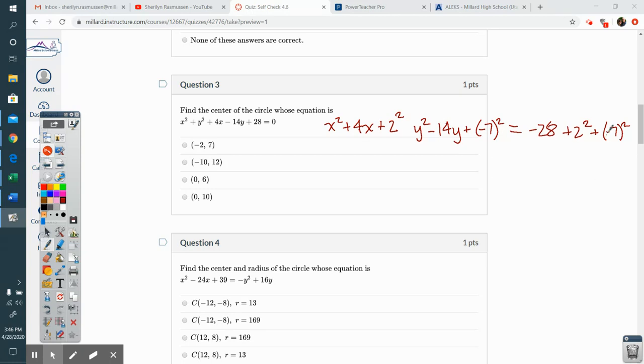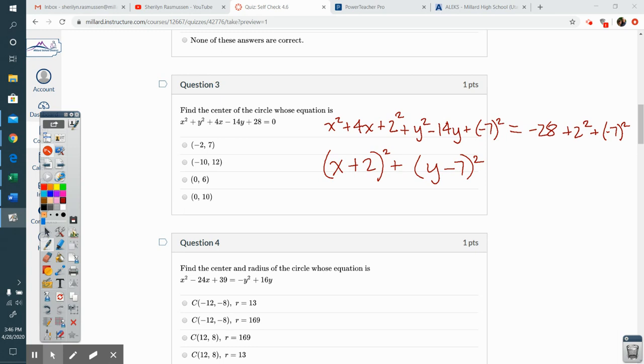It doesn't square the negative, and you'll get a sign problem. So make sure that you square everything that's in parentheses. Got to put a plus in between here. I added this on purpose so that I would get x plus whatever that number is, and the y makes y minus whatever that number is.